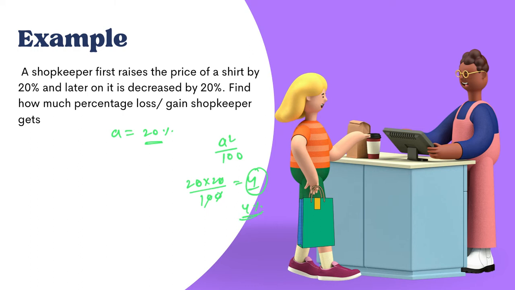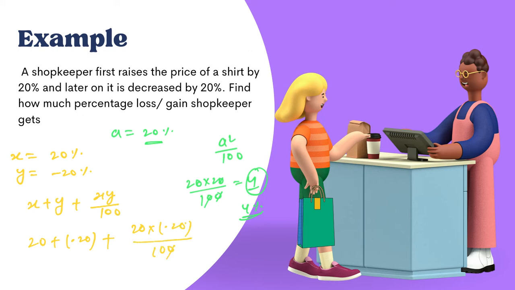Let's do it by the successive percentage formula. So x is 20%, first increasing, and y is minus 20% because then it is decreasing. So the net percentage change is x plus y plus x into y divided by 100. So 20 plus minus 20 plus 20 into minus 20, divided by 100.